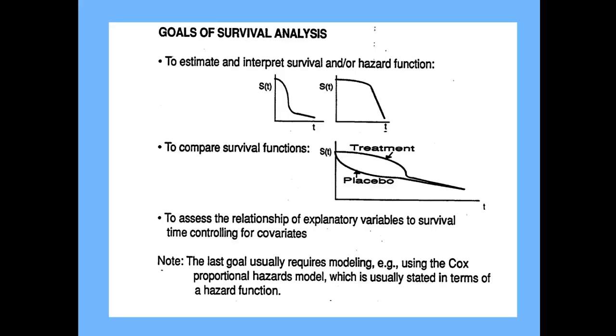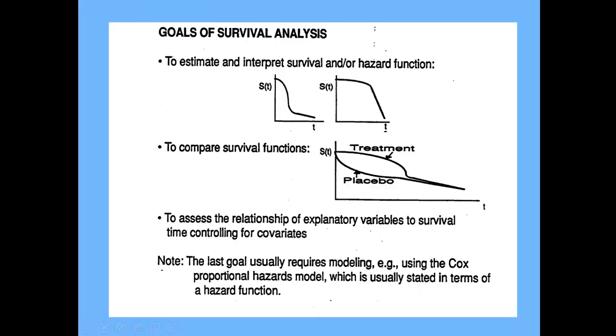Another could be a product term. So the general goal is that the outcome is survival time, but you have a bunch of variables. One of them might be an exposure, and you might have variables you want to control for various reasons. That's your general question. It's a similar question to the one we had for logistic regression. The only difference is we're dealing with survival data, not binary outcomes. The last goal usually requires modeling using a Cox proportional hazards model, which is usually stated in terms of a hazard function.